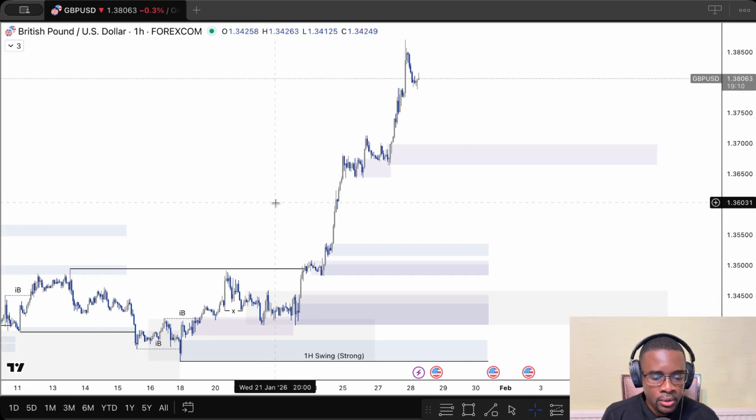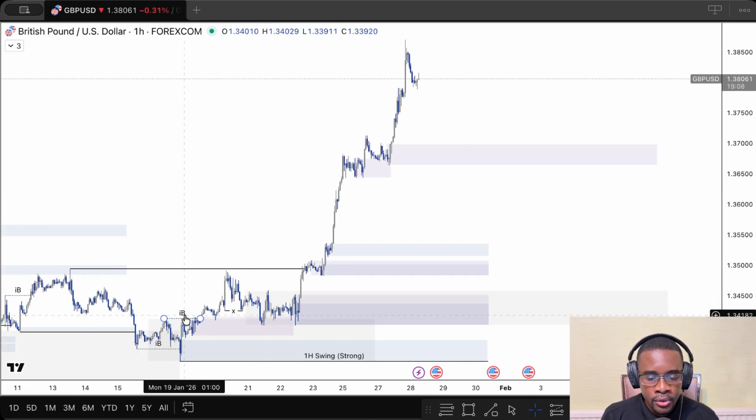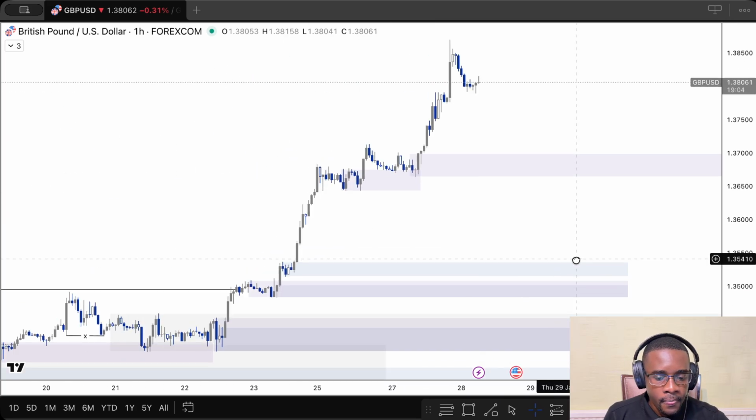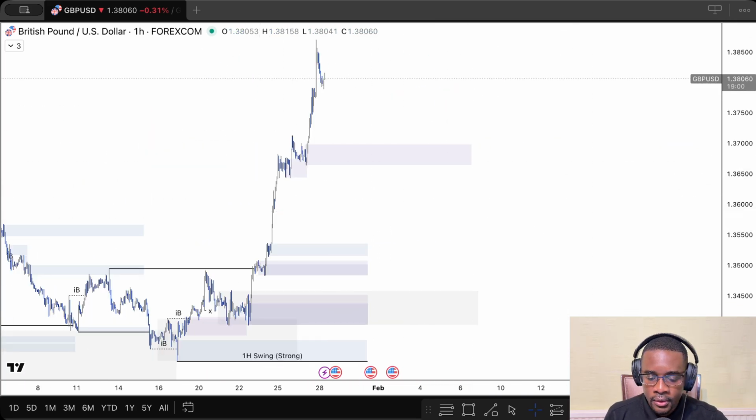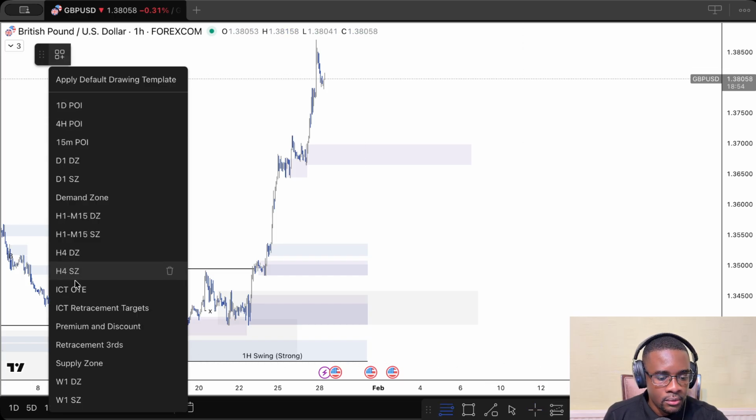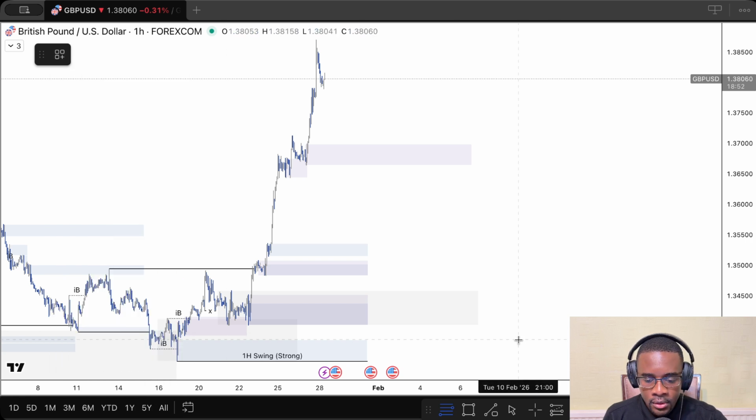It's pretty shallow, so I'm not going to call that swing structure. So from a 1 hour perspective, let's see, premium discount.